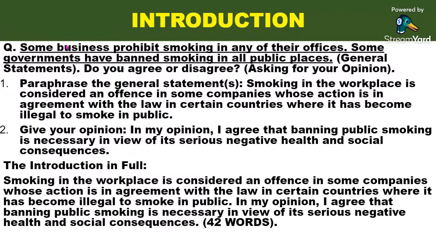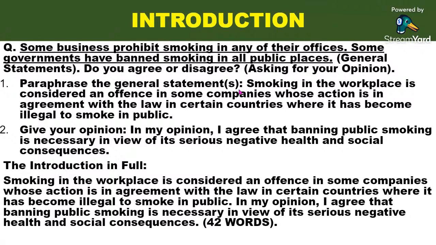So you begin with the general statements, which have given you the material to form your background statement. So what you do is to paraphrase the general statements. Here you have 2 general statements, and they are all related. So you can paraphrase. To paraphrase means to have a summary of the main ideas you have in those statements.